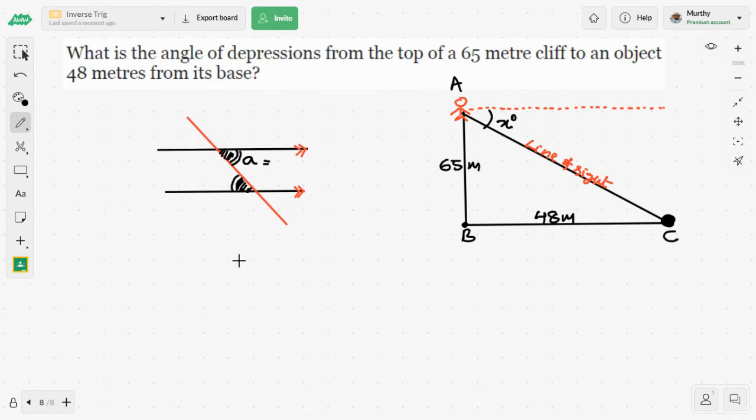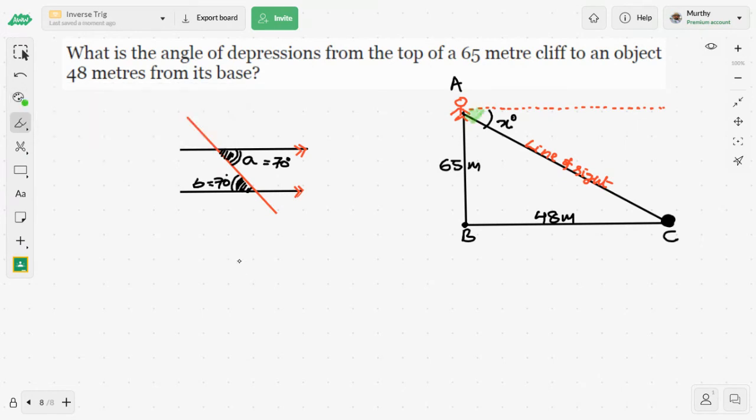Let's say angle A is 70 degrees, just randomly some numbers. Angle B is also 70. You know that interior alternate angles are equal. Therefore, I see that in this diagram, these two angles are alternate interior angles.